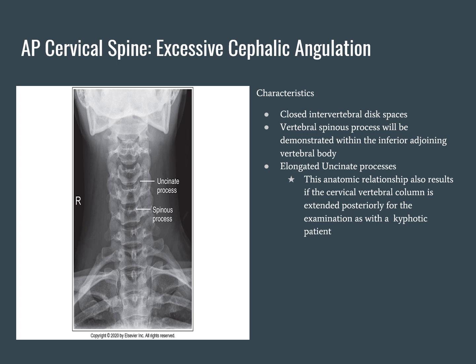The vertebral spinous processes will be demonstrated within the inferior adjoining vertebral body, and you will see elongated uncinate processes. So again, we need to make sure our central ray alignment is anywhere from 15 to 20 degrees cephalic to appropriately demonstrate this projection.